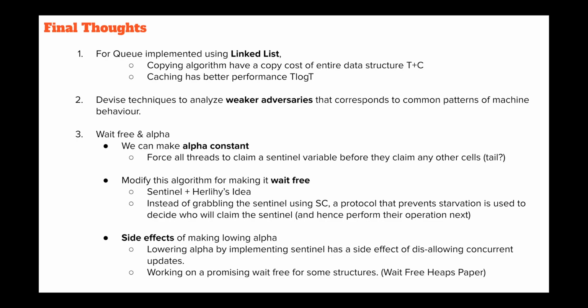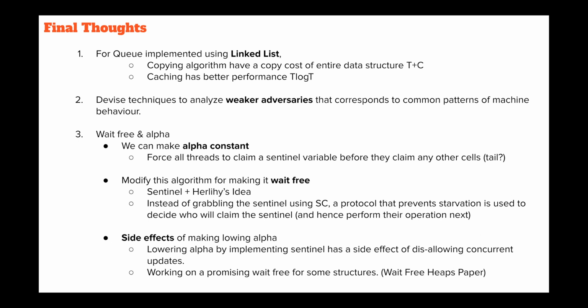So on the final notes and future work, the author gives thoughts on how a queue implemented using a linked list benefits heavily from the caching algorithm compared to the copying algorithm. He also discusses devising techniques to analyze a weaker adversary, and then coming up with better algorithms based on machine behavior and things like that.